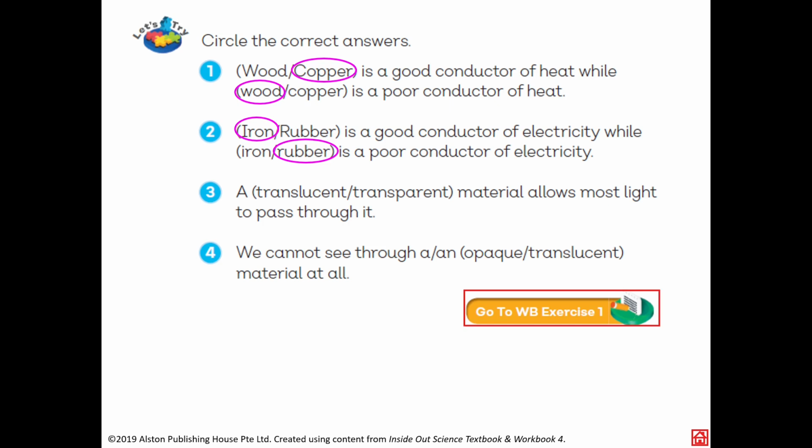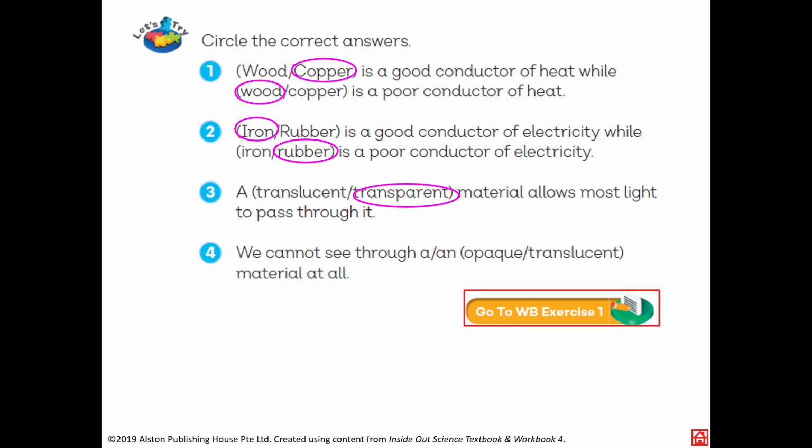Number 3, translucent or transparent. It allows most light to pass through it. What is your answer? Correct. Transparent objects allow most light to pass through. Let's go to the last one.